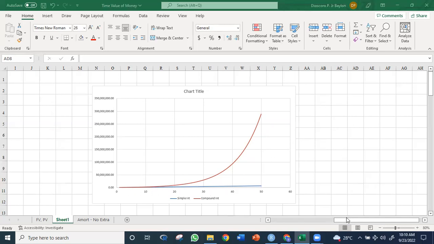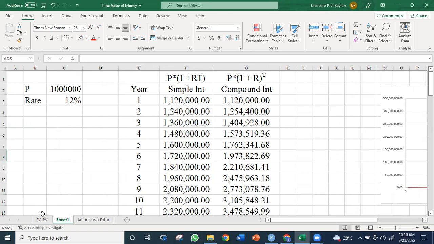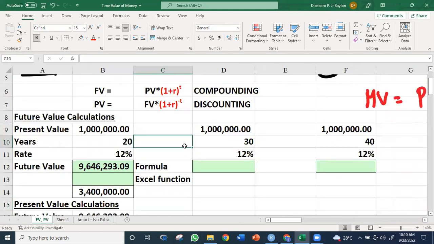It's used as an exponent. For this one, the time is just used as a multiplicative factor. So let's go back to our lesson here. I just dramatized to you the big difference between compounding and simple interest.